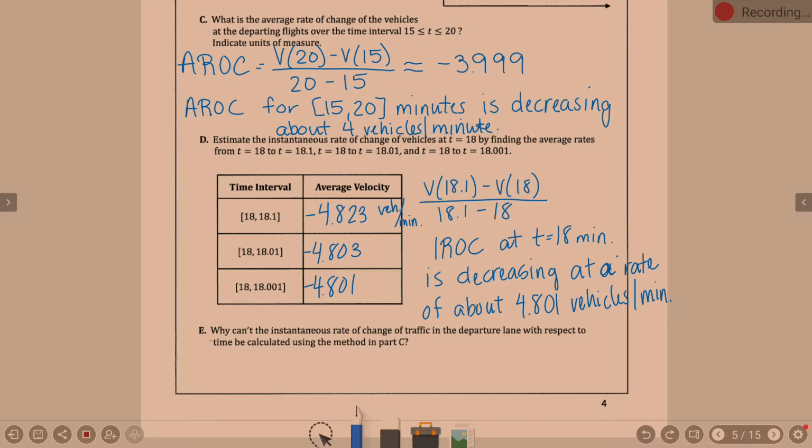Okay, one more. E. Why can't the instantaneous rate of change of traffic in the departure lane with respect to time be calculated using the method in Part C? So instantaneous rate of change, we just did it as we were approaching, getting very, very close.